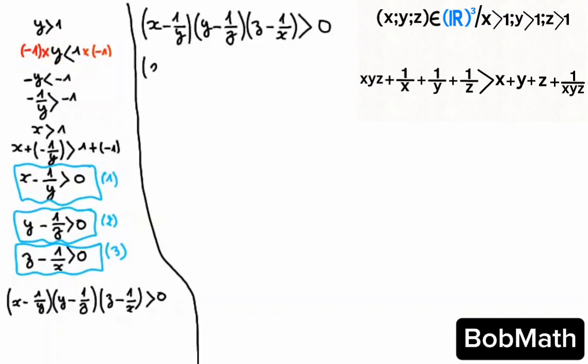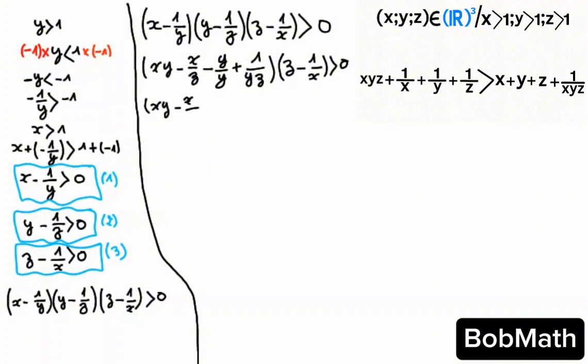So xy minus x divided by z minus y divided by y plus 1 divided by yz, all times z minus 1 divided by x is greater than 0. Therefore xy minus x divided by z. Now we simplify the number y, so we get minus 1 plus y divided by yz, all times z minus 1 divided by x is greater than 0.